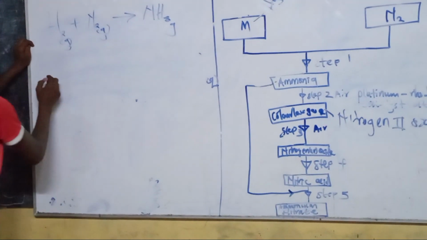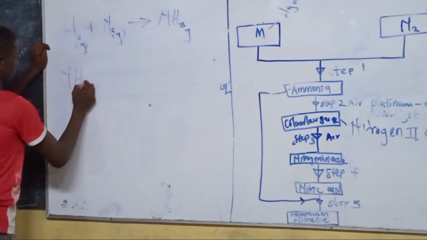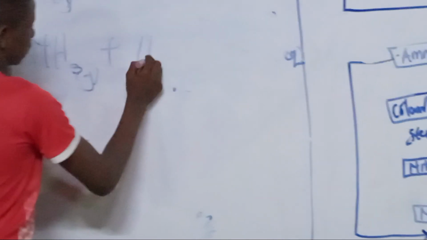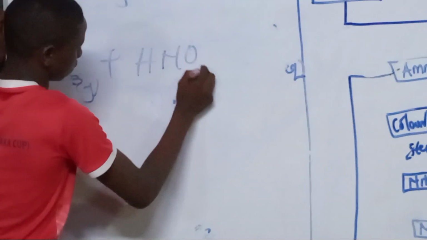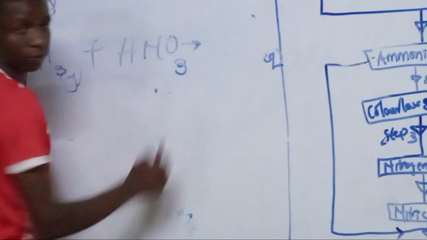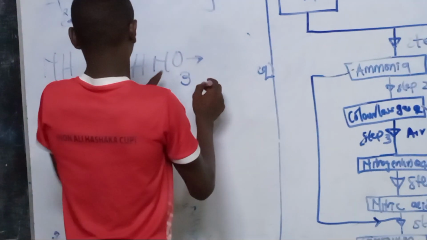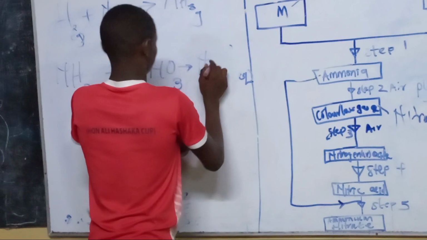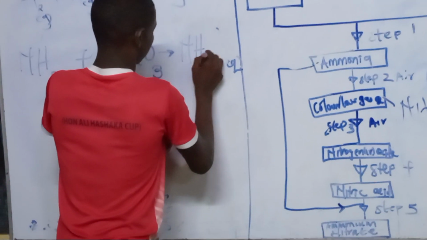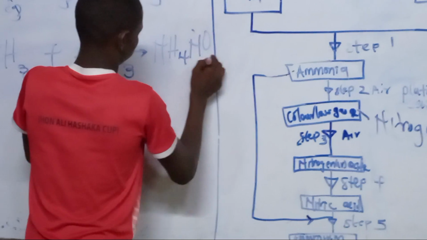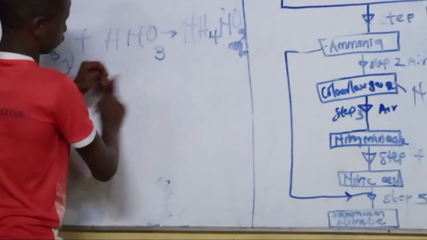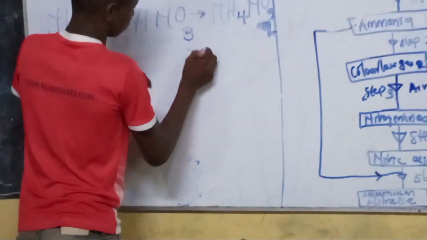We had ammonia gas, which is written like this, plus nitric acid, which forms ammonium nitrate, which is an aqueous. This is, as we know, nitric acid is also an aqueous.